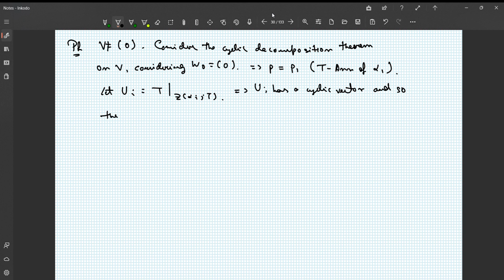So Pi is both the minimal and the characteristic polynomial for Ui, right?